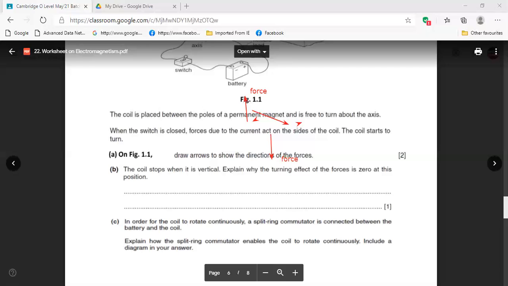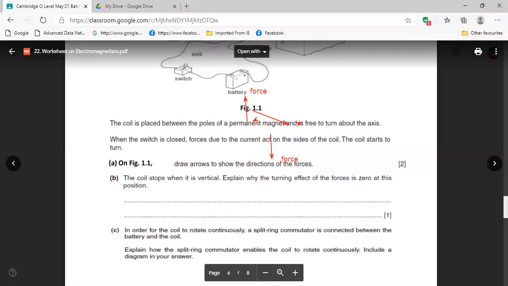That's why we have no moment, no turning effect at that time. Is it clear? Yes, sir. Okay, then next, continue to the next part.